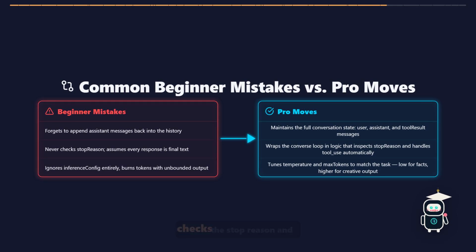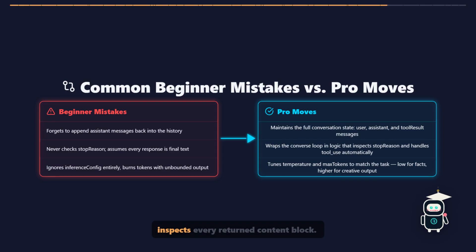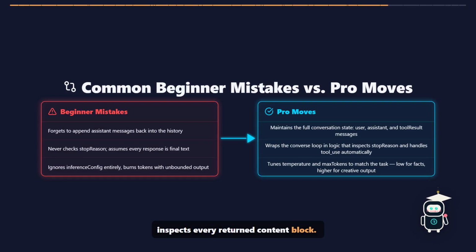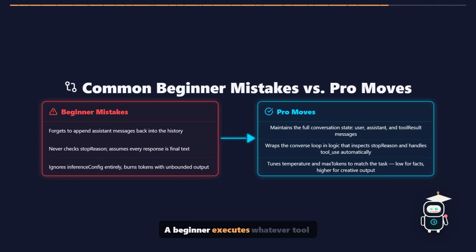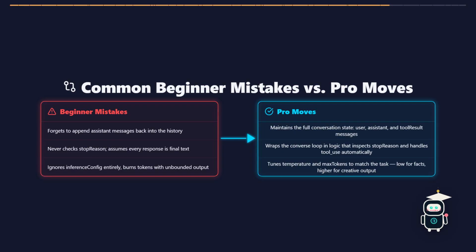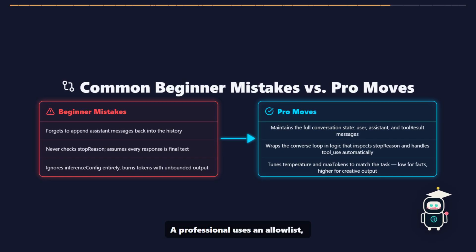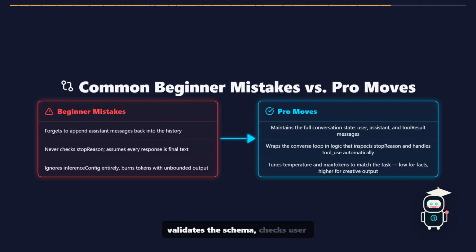A professional checks the stop reason and inspects every returned content block. A beginner executes whatever tool and arguments the model requests. A professional uses an allow list, validates the schema, checks user authorization, and limits each tool's permissions.